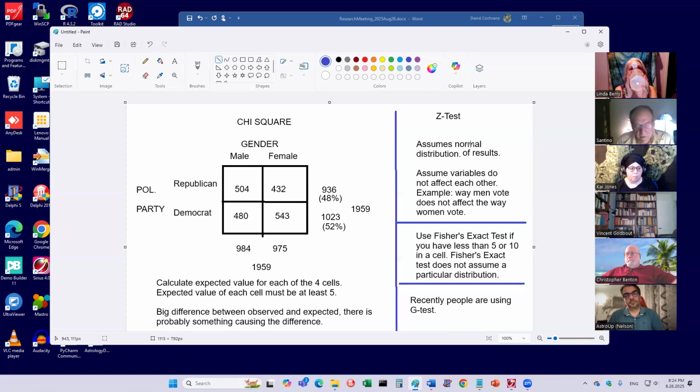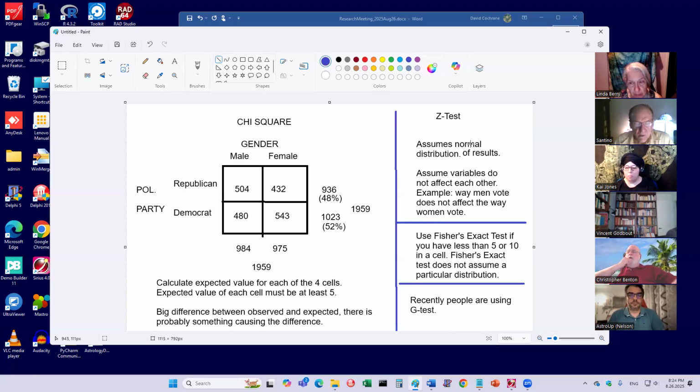The bad reason, or an argument against it, is it has less of what we call power. It has less ability. Power means the ability to find something that's there. So if women are voting differently from men, can the statistical test detect that?